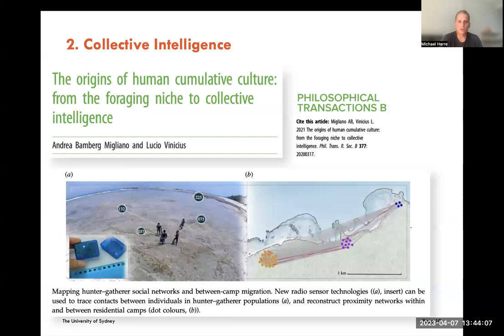Within collective intelligence, we also have the origins of human cumulative culture. So historically, humans have interacted with one another in order to be successful from the age of hunter-gatherer societies all the way through to our current larger communities in cities and countries and city-states.